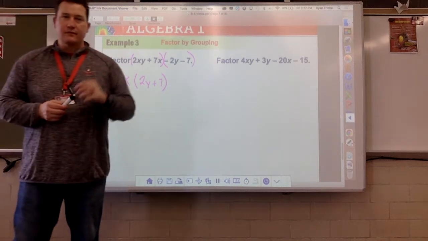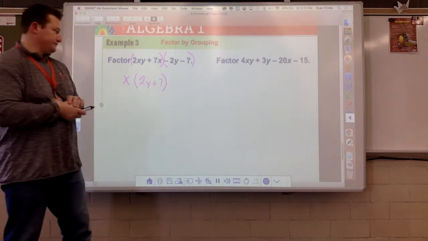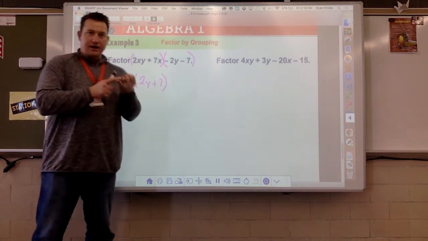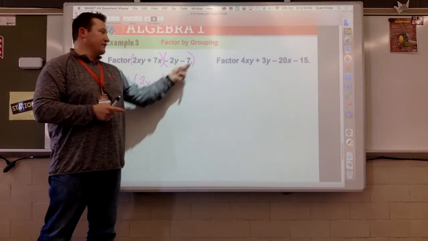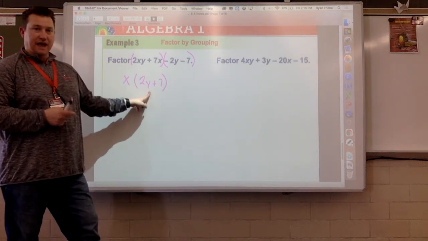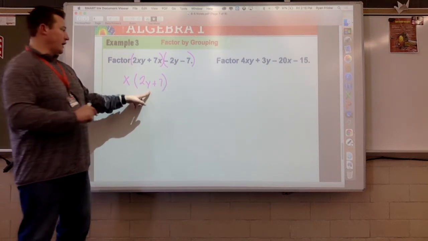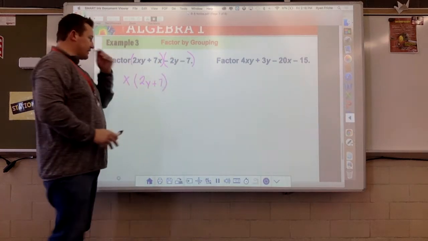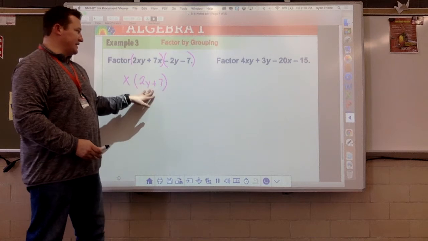The cool thing here is that I want to factor numbers and or variables out of this expression to make it identical to this. And this will always work. So what number or variable could I factor out so that I could turn this into this?